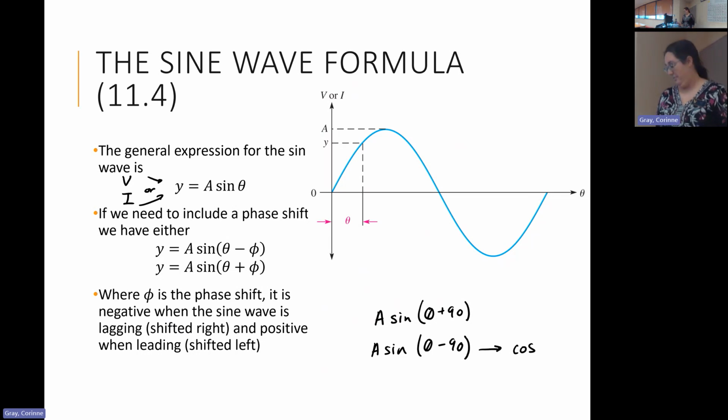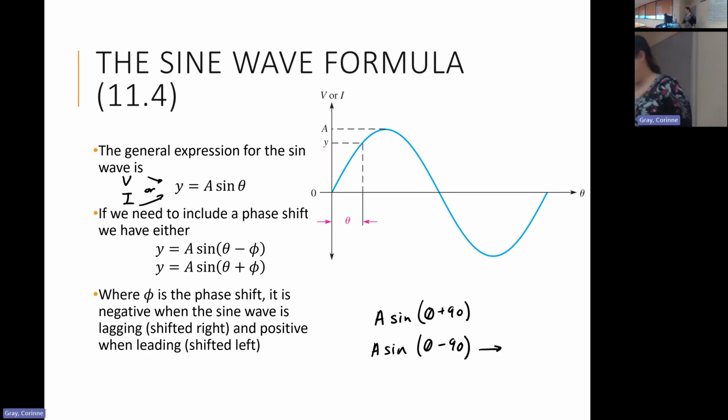Yeah, positive. So if I plug in 90 degrees for cosine, I should get 0. But for sine, that should be positive 1.